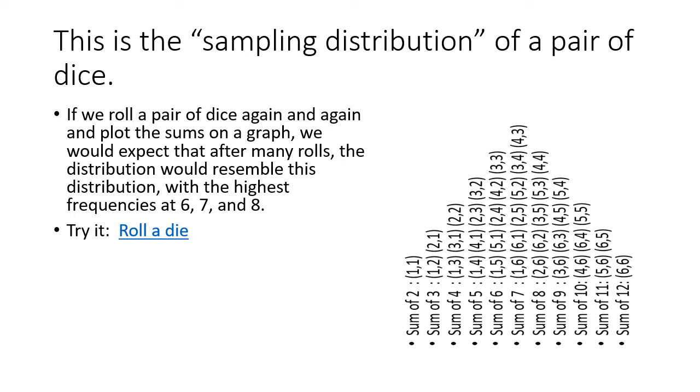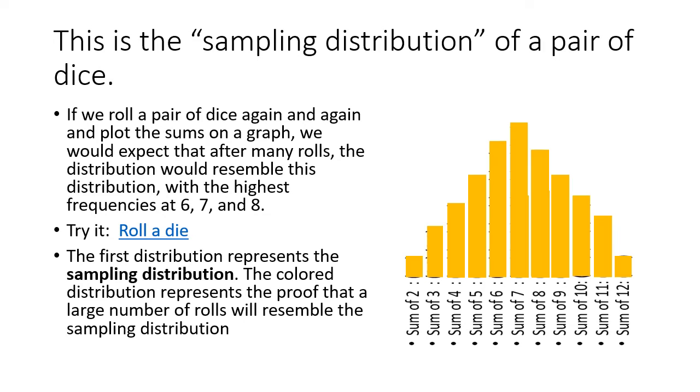And at this time, I'd like to invite you to roll a dice and plot them. When you get a sum of 2, put a mark here and continue to plot them all the way up. And this is a nice little dice rolling app that you can try out. So this is like an example of what you might get.